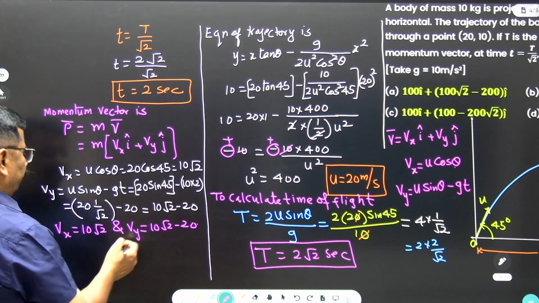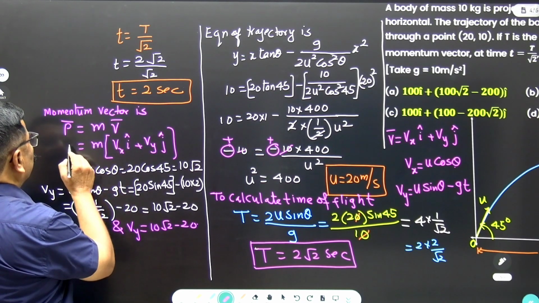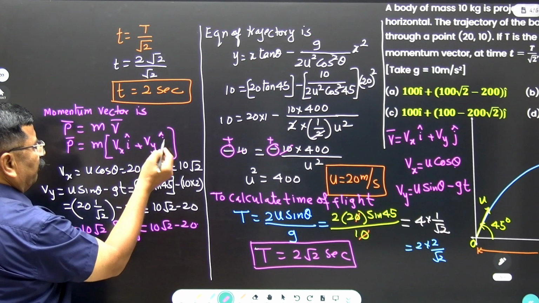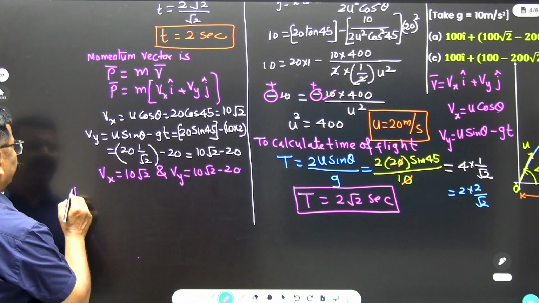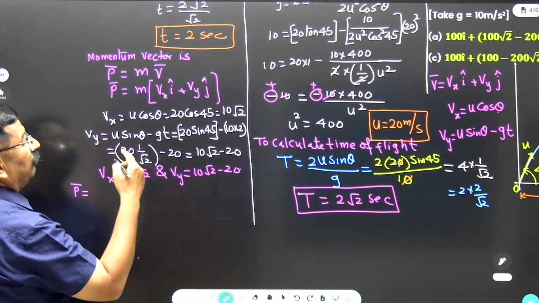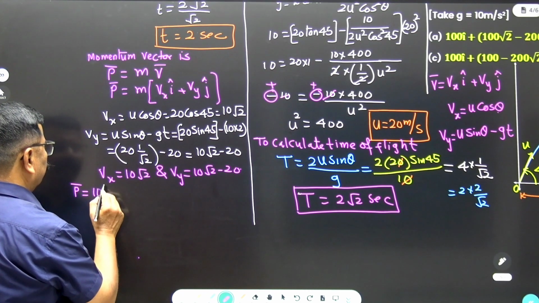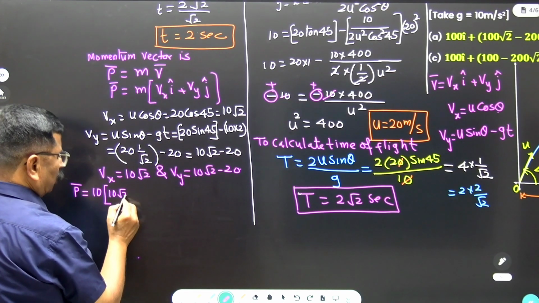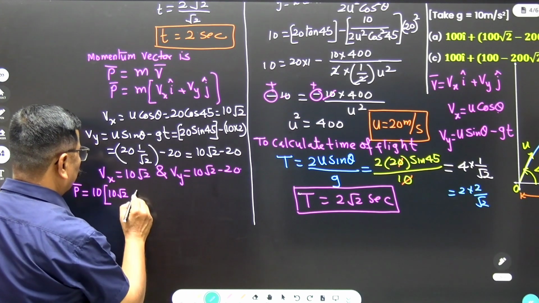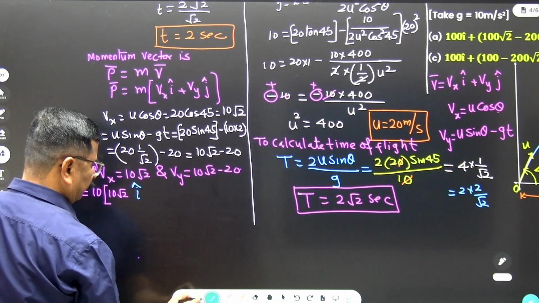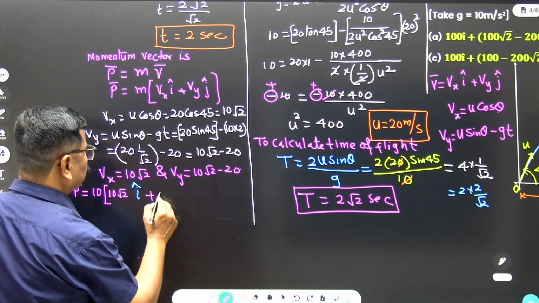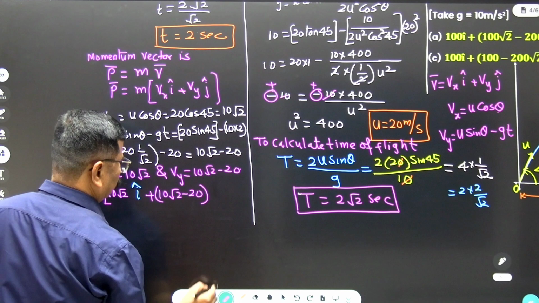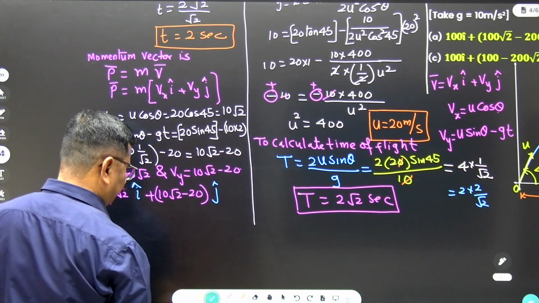Now what is our momentum vector? Vector p is equal to m into (vx i plus vy j). So vector p is equal to, what is m? Mass of the body is 10 kg. 10 into, what is vx? 10 root 2 i cap plus (10 root 2 minus 20) j cap.